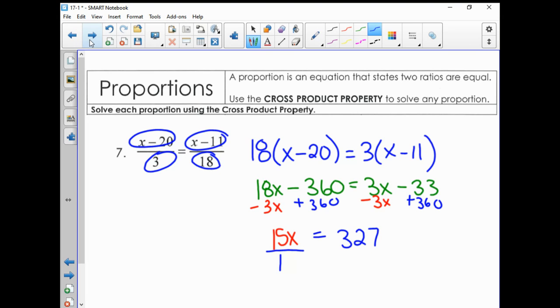Again, I only want 1x, so I'm going to divide by that 15 that x was multiplied by, and get x is equal to 327 divided by 15, which is 21.8. That's an 8 right there. And you're done.